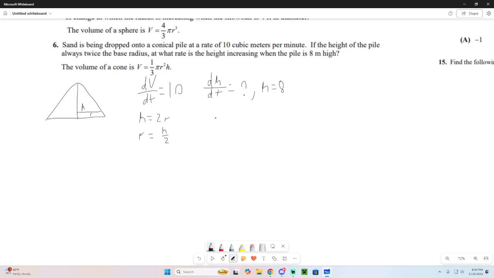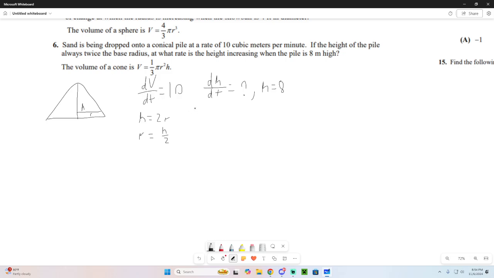We get dV/dt equals... I'm going to substitute h over 2 in for r so we don't have to deal with radius, because there's nothing that tells us about the radius in this question, so I only want to deal with the height.